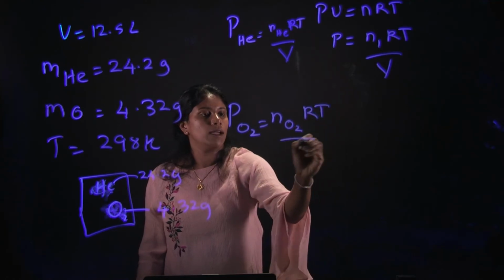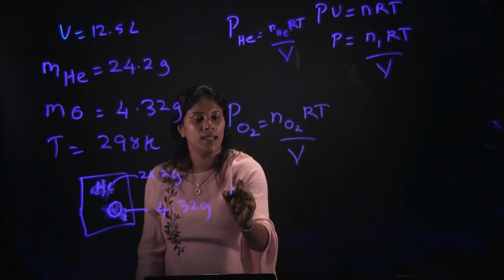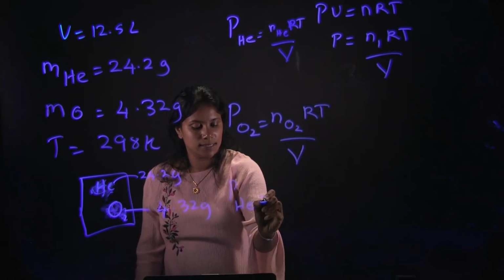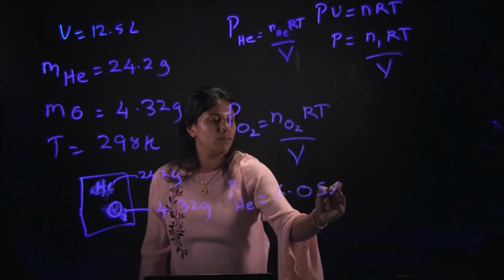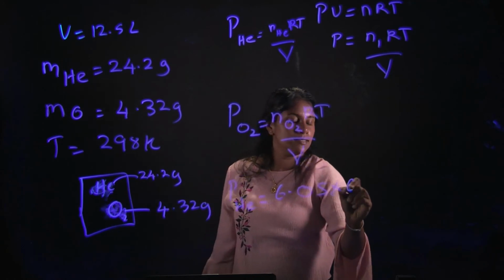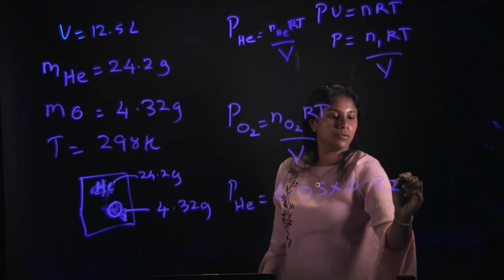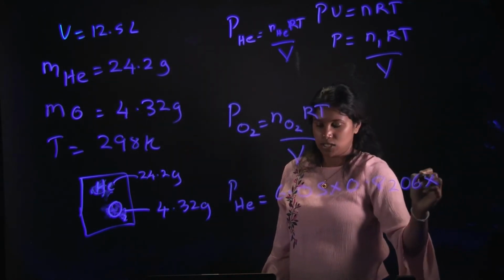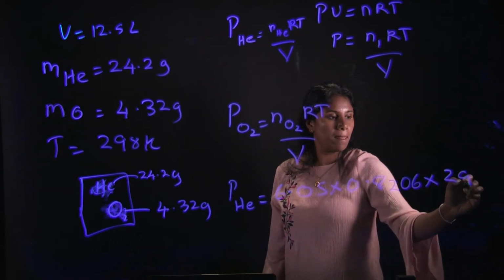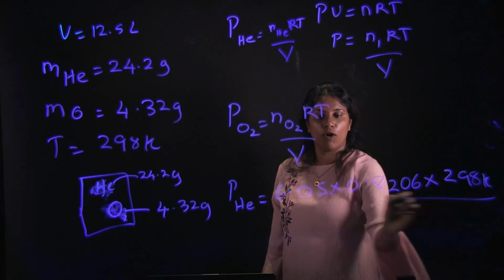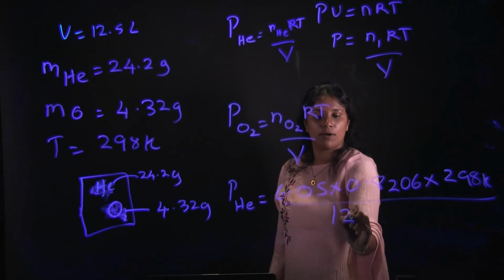If I substitute for helium, P helium equals the number of moles of helium, which is 6.05, R gas constant 0.8206, temperature 298 Kelvin, given in the question, volume is 12.5.